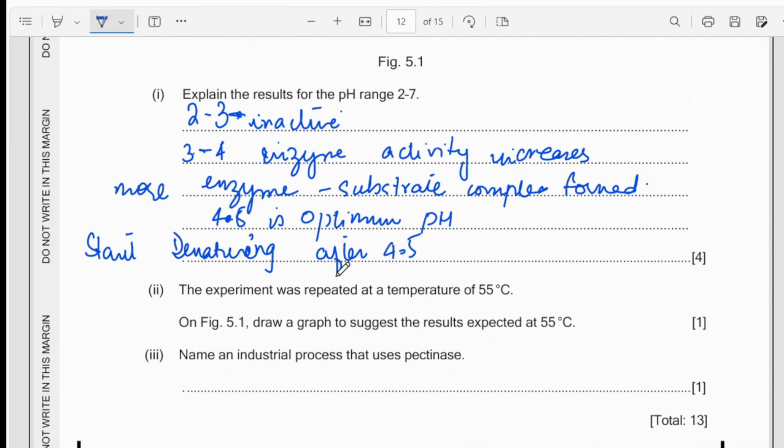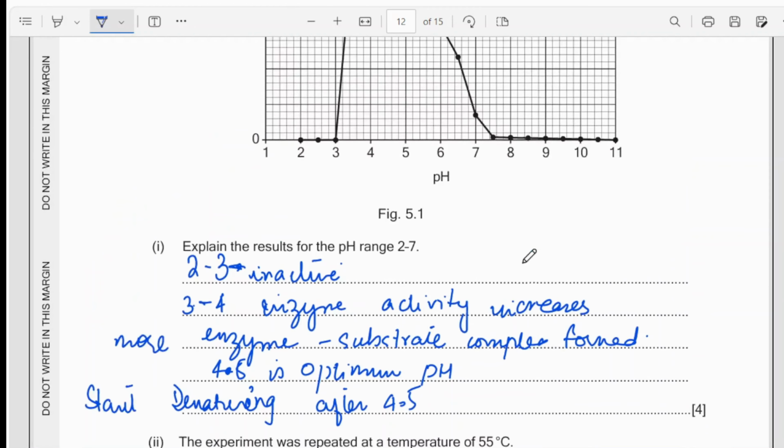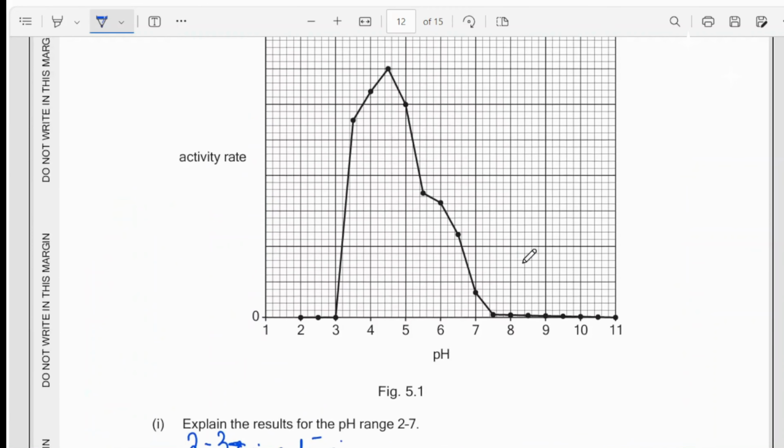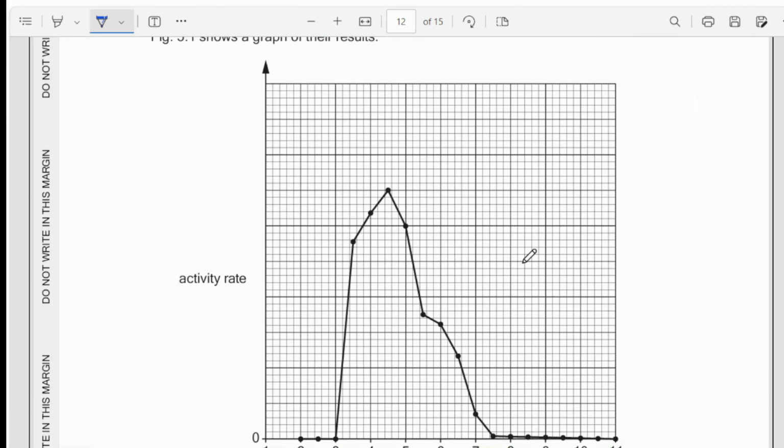Okay. The experiment was repeated at 55 degrees Celsius. What would you expect? Generally we say that with an increase in temperature, the activity increases.